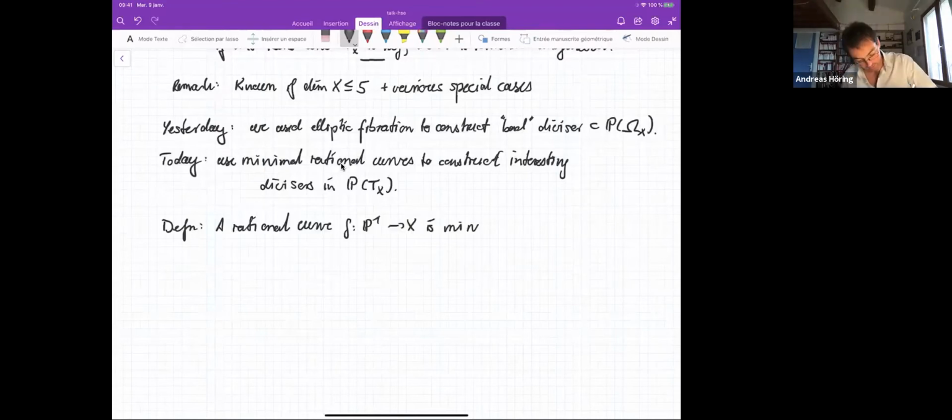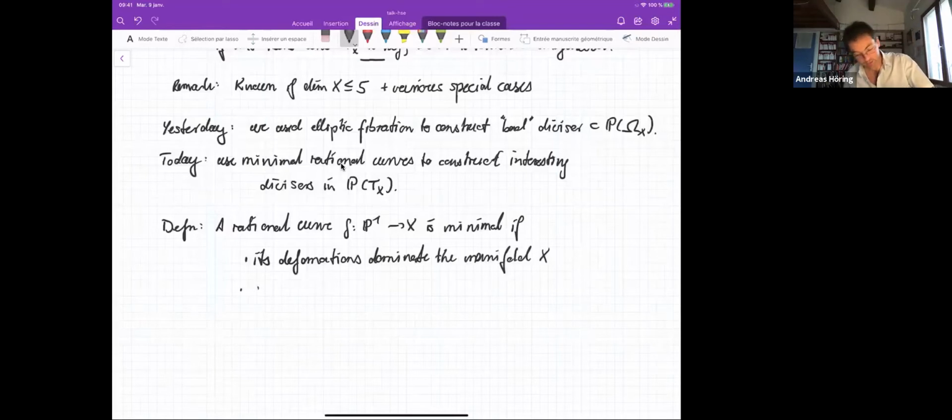First, its deformations dominate the manifold X. And second, if I fix a general point x in X, the deformations passing through this general point form a complete family.